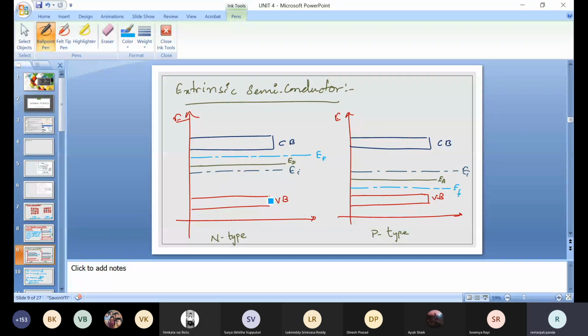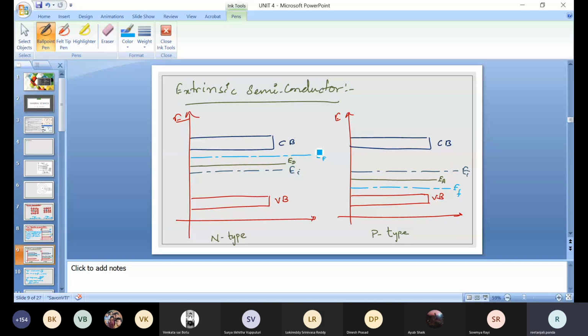But here there is an electron donor level, which possesses a higher energy level than the Fermi energy level of the intrinsic semiconductor. The significance of this line you will understand a little later. So due to the presence of ED, the Fermi energy of this N-type semiconductor will lie towards the conduction band.